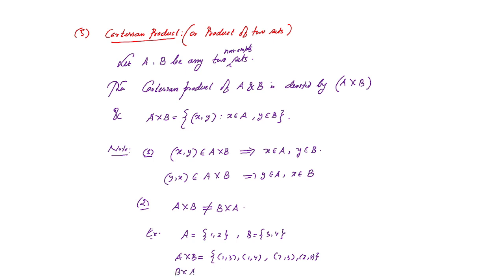Whereas B Cartesian product A will be (3, 1), (3, 2), (4, 1), (4, 2). And here you observe A Cartesian product B is not equal to B Cartesian product A. But one thing is common: the cardinalities of these two sets are the same.